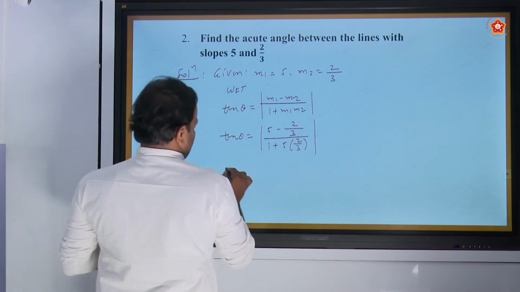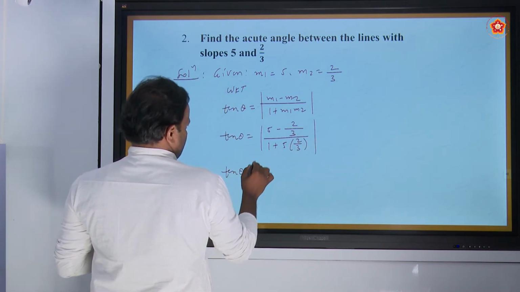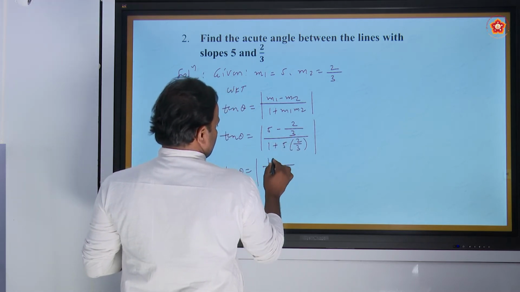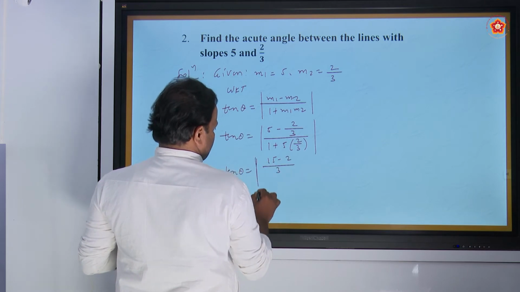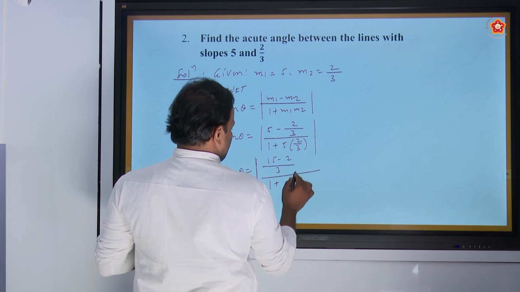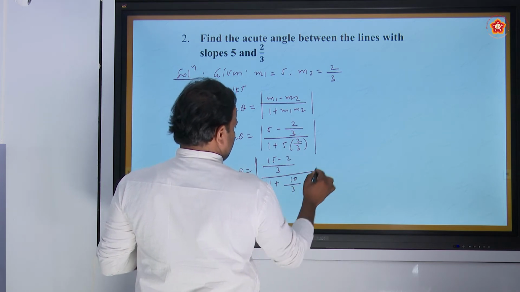Okay, simplification. Tan theta is equal to, LCM is here 3, 3 fives are 15, 15 minus 2, correct? Simple calculation. 1 plus 5 twos is 10 by 3.